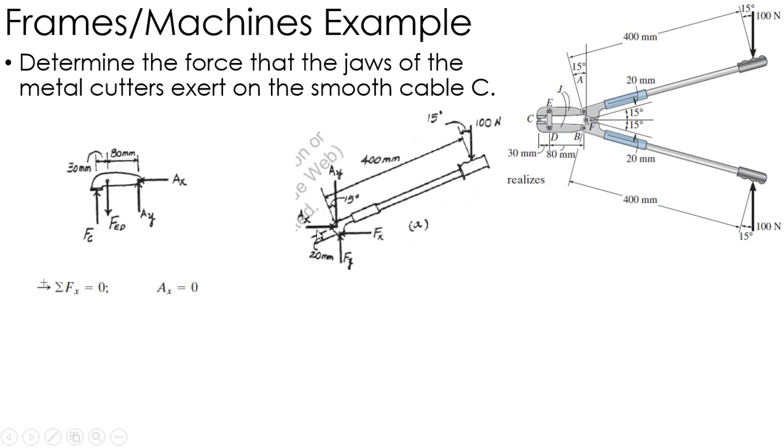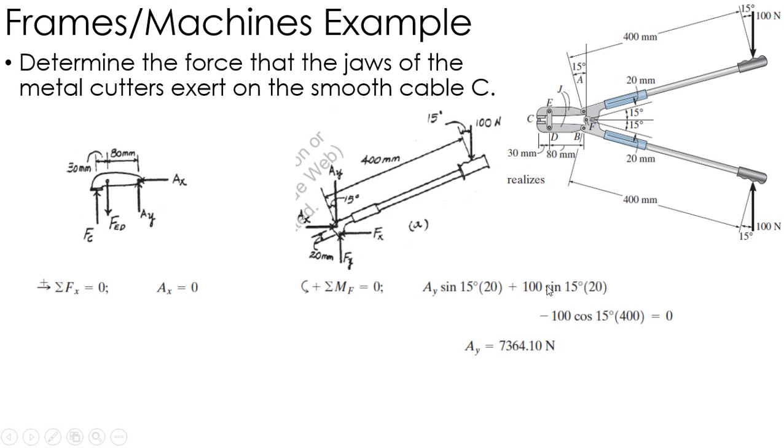Now, I'm trying to find AY because I ultimately want to sum the moments about E to find FC. If I can find AY, then I'll be good. AX I know to be 0, so the only other unknown I need to find is AY. I can sum the moments about F, getting rid of these two unknowns that I really don't care about finding. If I sum the moments about F, all I'm going to be left with is AY.